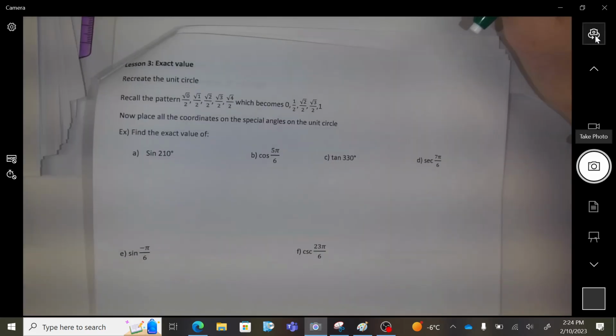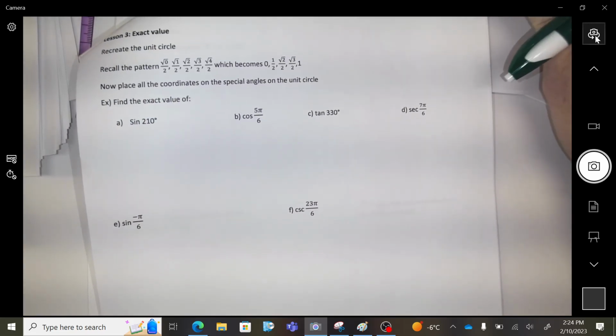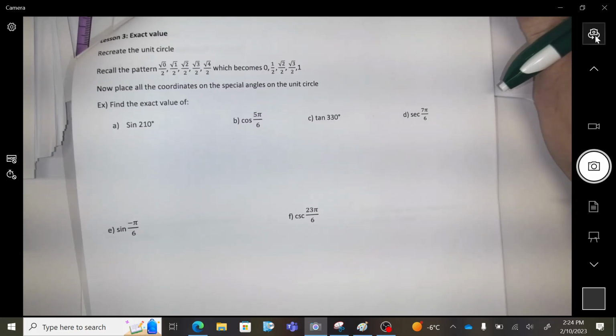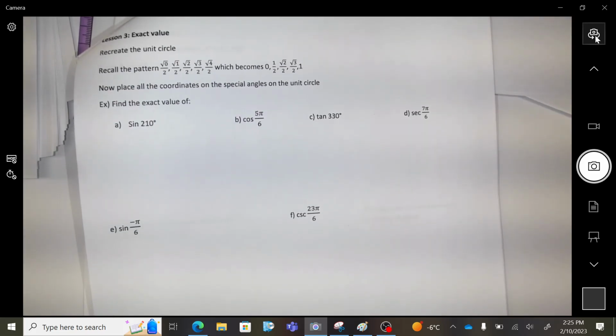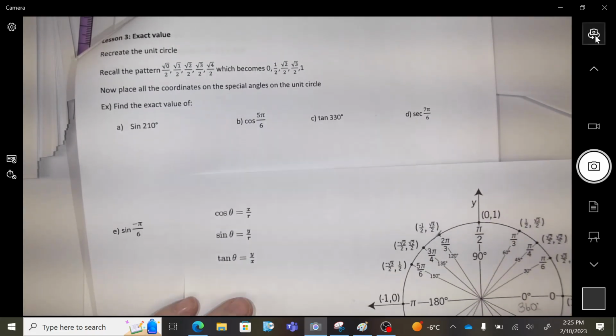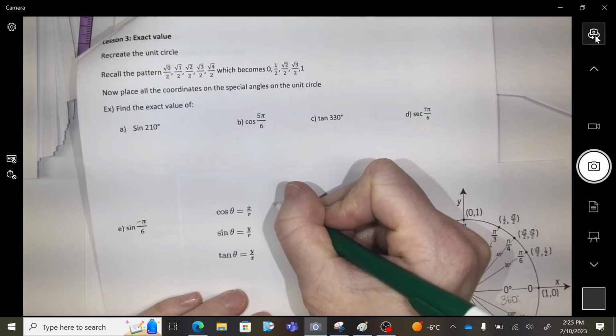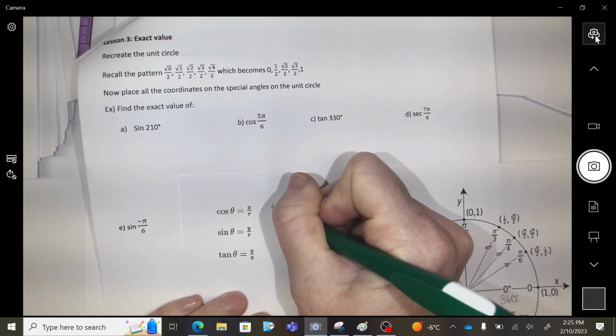Cos is unlimited. X over R. Yeah, I don't even remember that. Okay, exact value. So using the unit circle and your 6 ratios. So cos is the flip of which one? Do you remember? Secant.